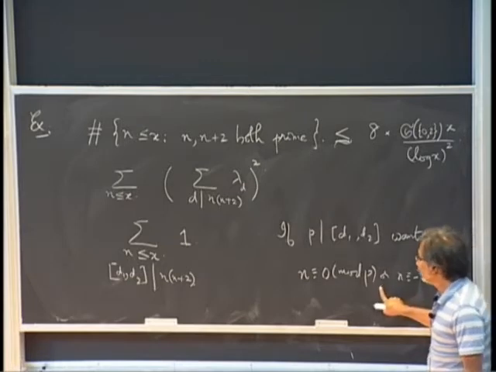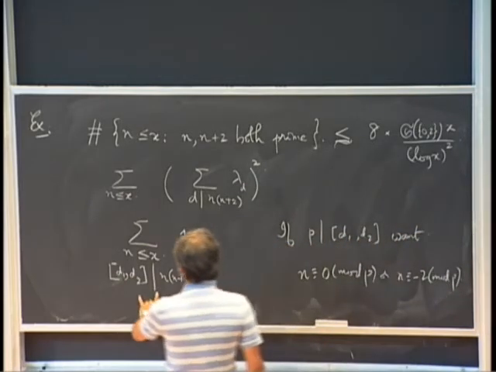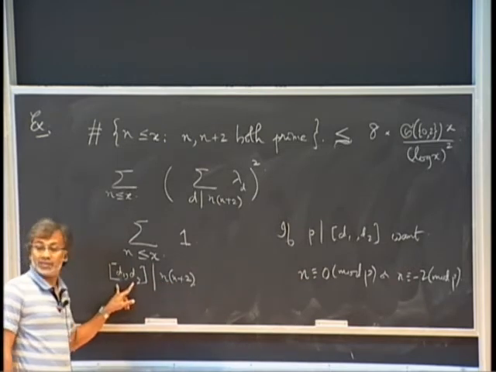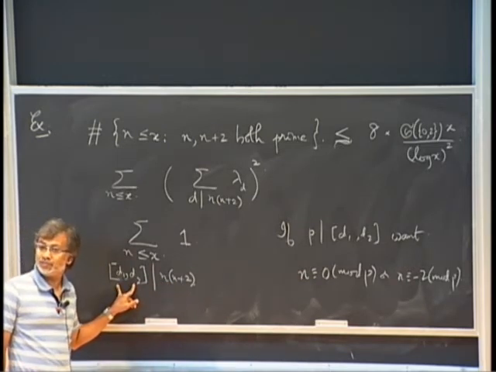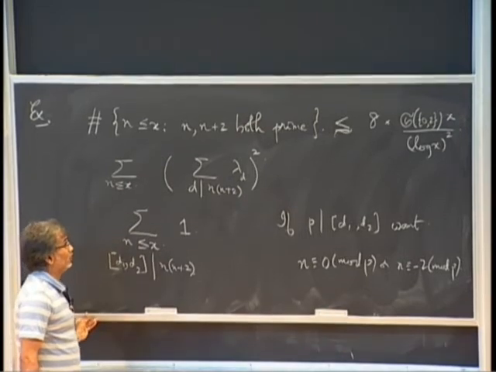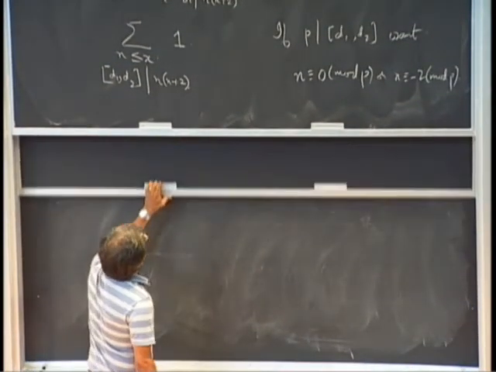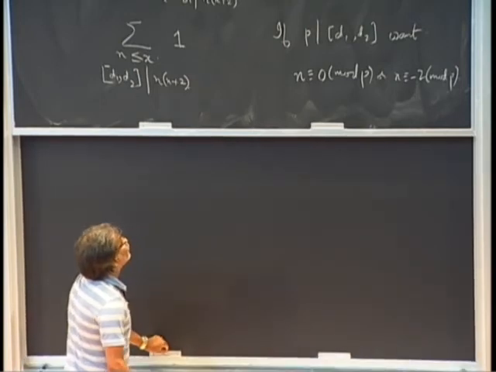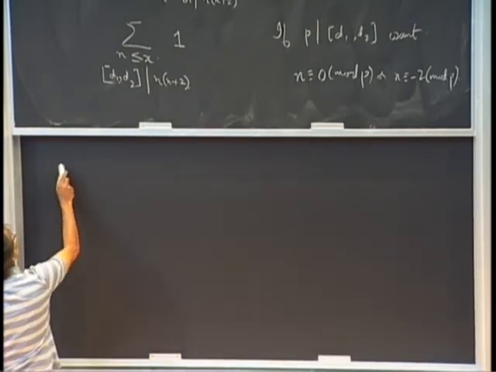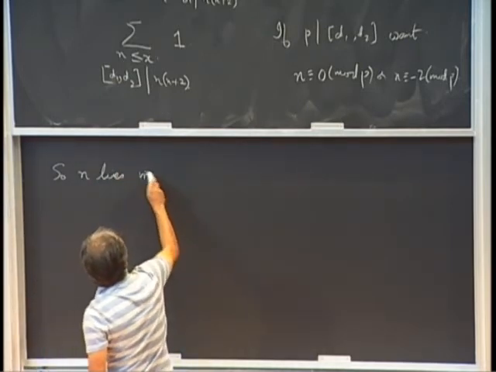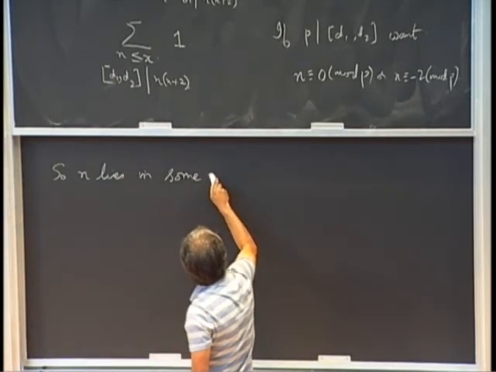And then you can use the Chinese remainder theorem to say what kind of progressions n must lie in mod the LCM of d1, d2. So the exercise here: n lies in some number of progressions.